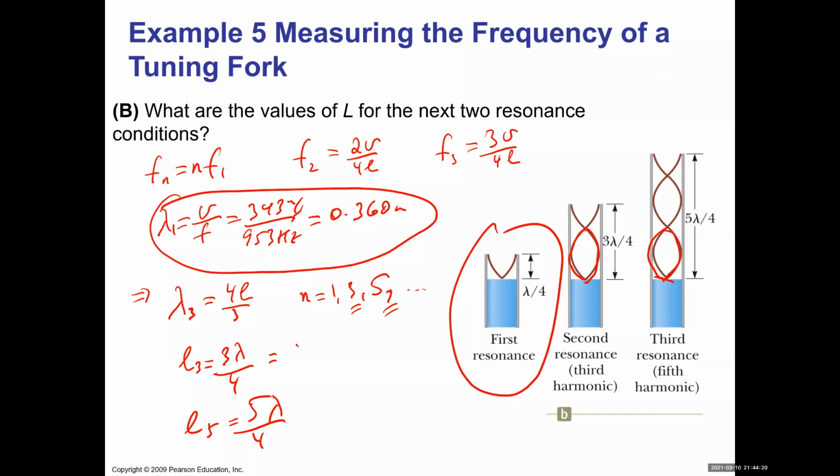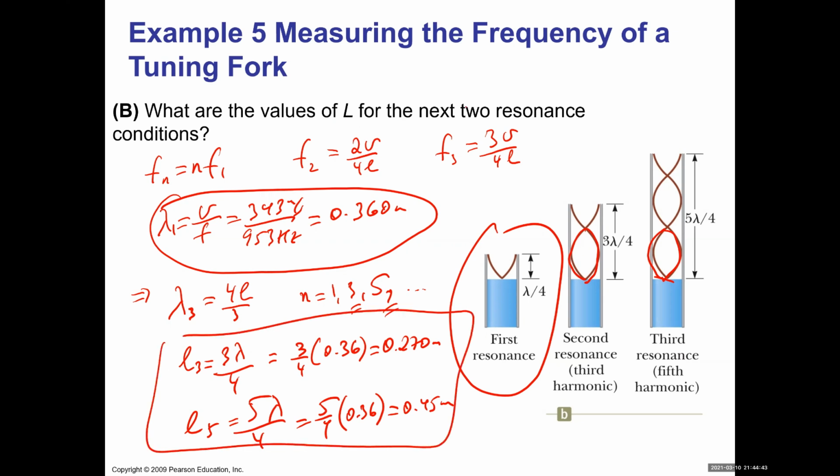Basically this becomes 3/4 of the fundamental, the lambda 1, which is 0.36. So this gives us 0.27 meters. And then this will be 5/4 of 0.36, and that will give us 0.45 meters. So that's how we can find the L for the next two resonance conditions.